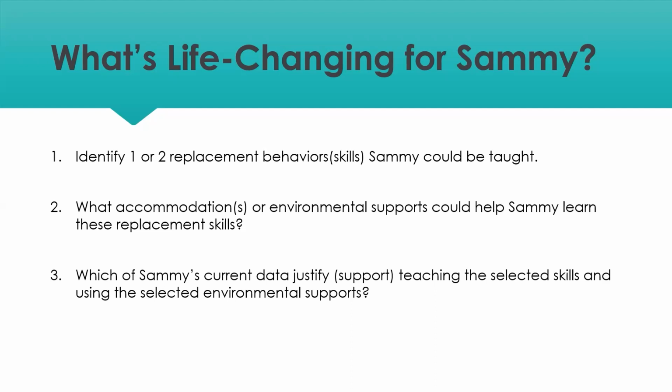So again, if I'm somebody who needs to escape something, whether it's difficult work or chaotic room or escape the attention of peers that I don't want because I'm getting anxious, what is a behavior that will help that to happen, but in an appropriate way, rather than tearing up my work or saying I'm sick and I need to see the nurse? If I'm needing adult attention, what is a way I could get that in a more appropriate way? What is a replacement behavior there? So everything really in the behavior plan is driven by what you think that function of behavior is.